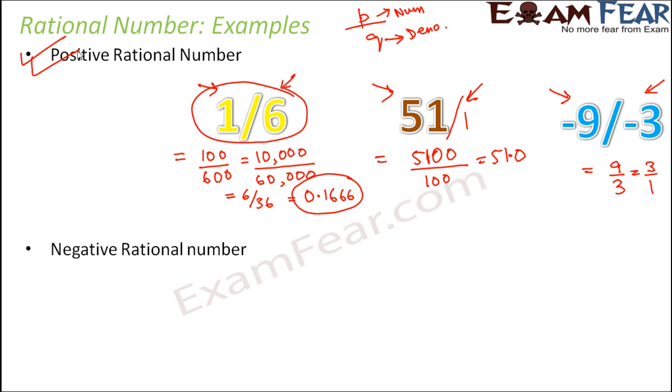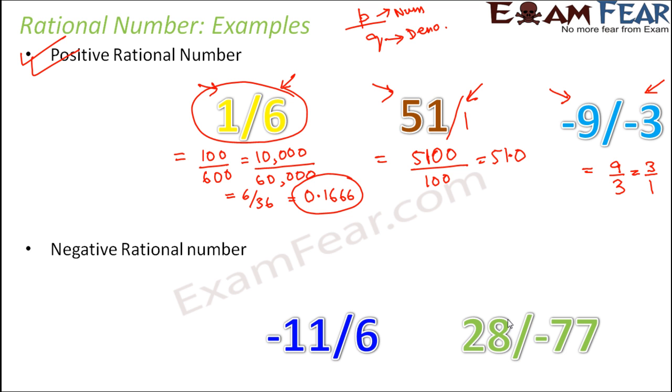Now a negative rational number, very simple, is when they have opposite signs. Either the numerator is negative and the denominator is positive, so overall it is a negative rational number. Similarly, if the numerator is positive and the denominator is negative, in that case also overall it is a negative rational number.